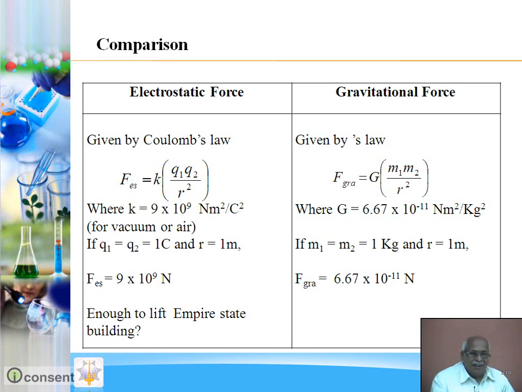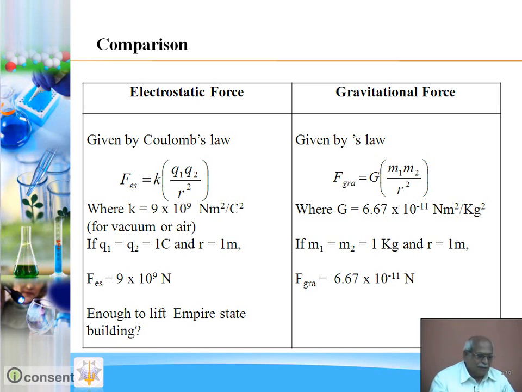By using Coulomb's law equation, force between the two charges will be FES, electrostatic force, equal to 9 into 10 raised to 9 Newton. How large is this force? For about 20 years, the tallest building in the world was supposed to be Empire State Building of New York.